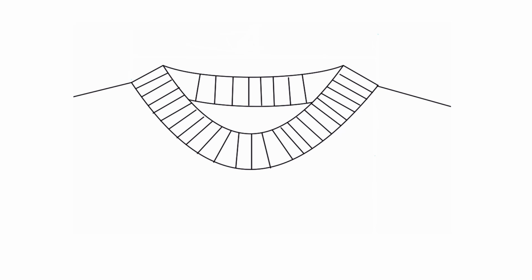To determine the length of the tape that has to be attached to a round neck, we must divide our calculation into two parts: the back neck profile and the front neck profile. In this video, we discuss how to calculate the length of the back neck profile and the front neck profile accurately.